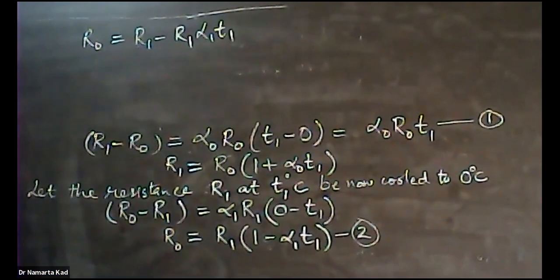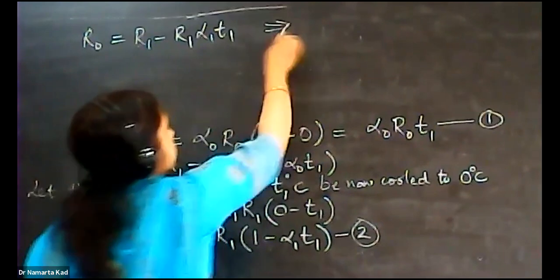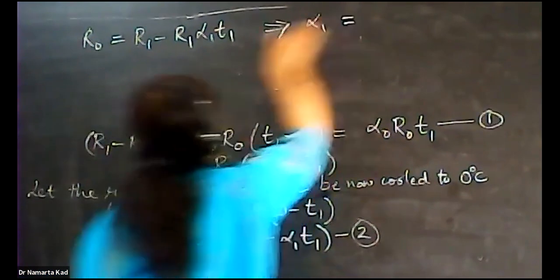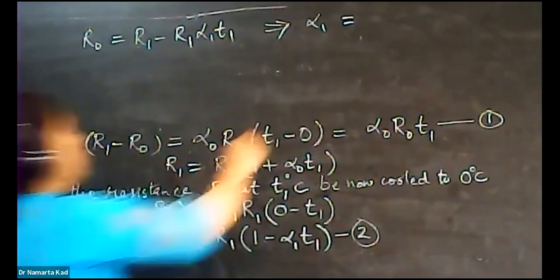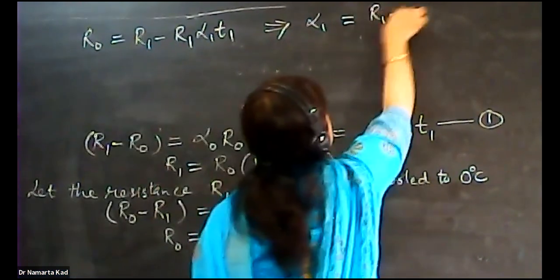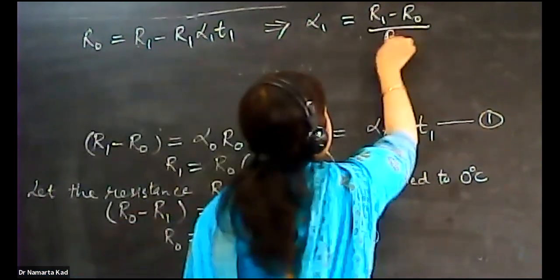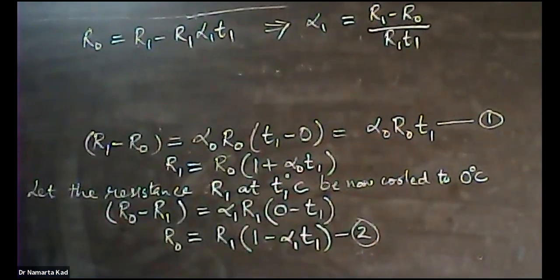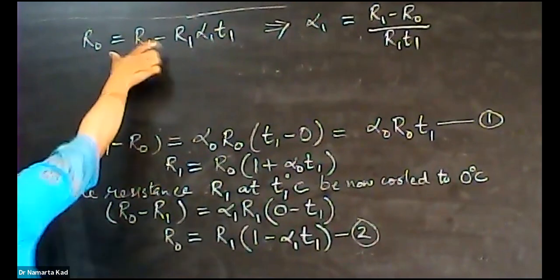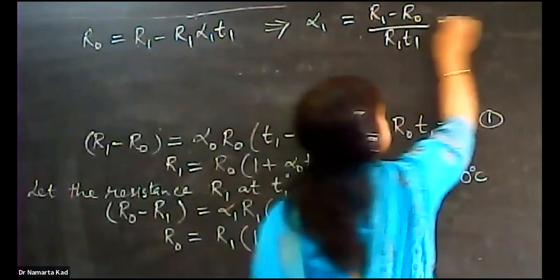That is the same equation, equation number 2. And from here alpha 1 comes out to be R1 minus R naught divided by R1 T1. This is the formula of alpha 1 that comes out from this equation. And just mention this as equation number 3.